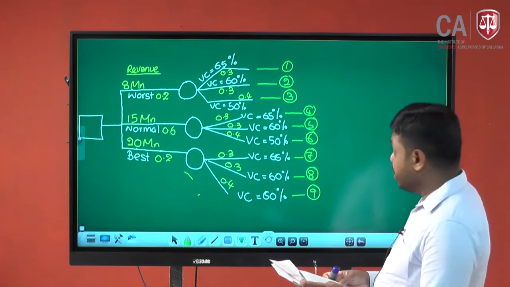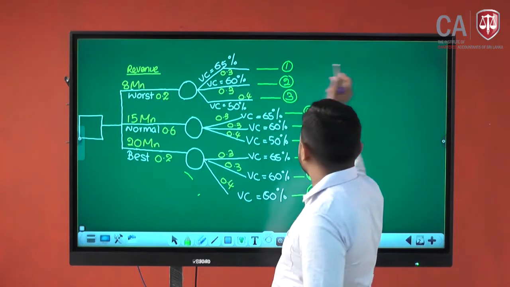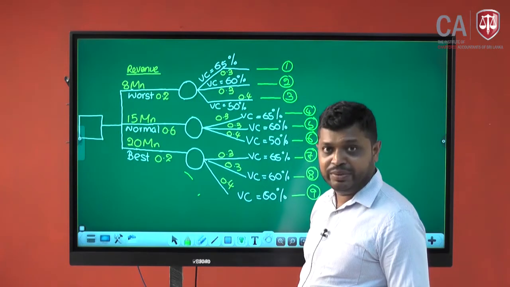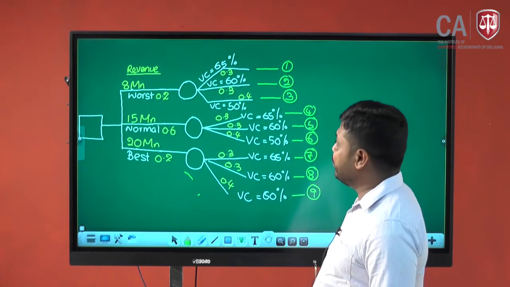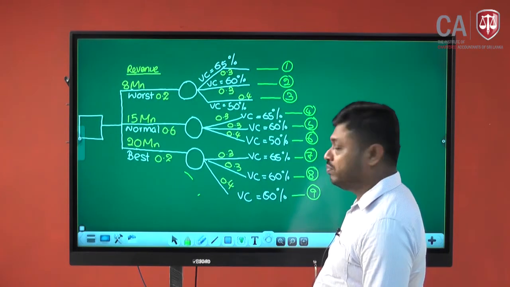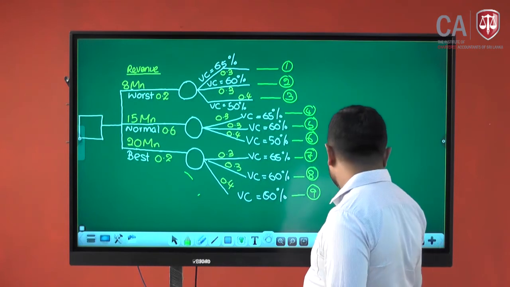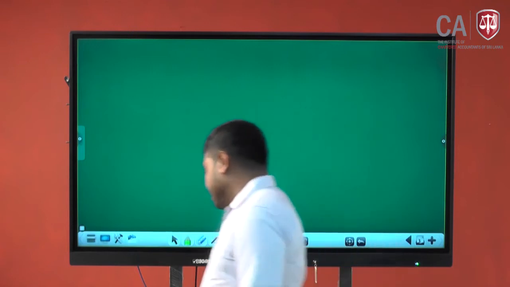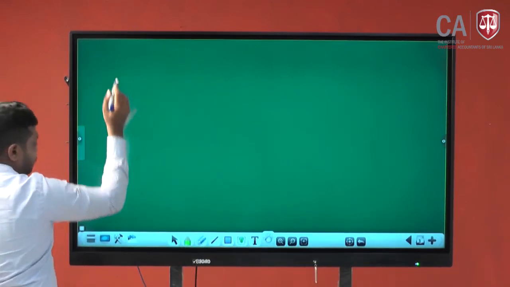First, for each of the scenarios, the revenue and contribution you can calculate easily. I can work out here itself, but better if we put them into a table, then you know the real value. Okay, I will put it into a table. The scenario, there are 9 scenarios. I will put the scenario.